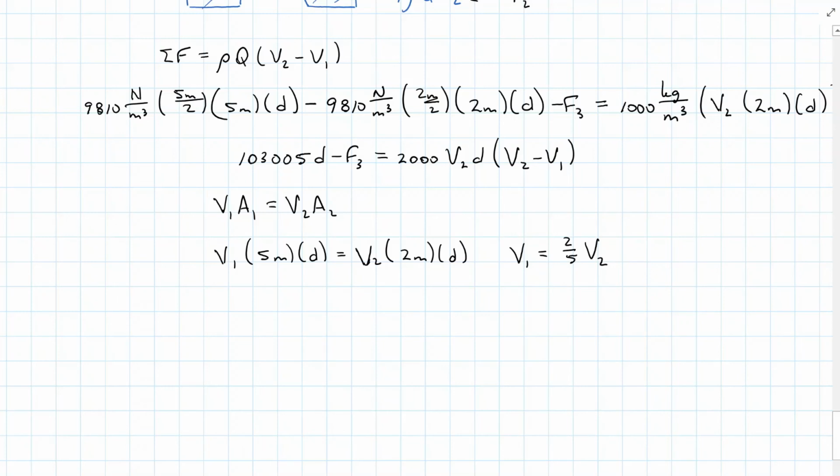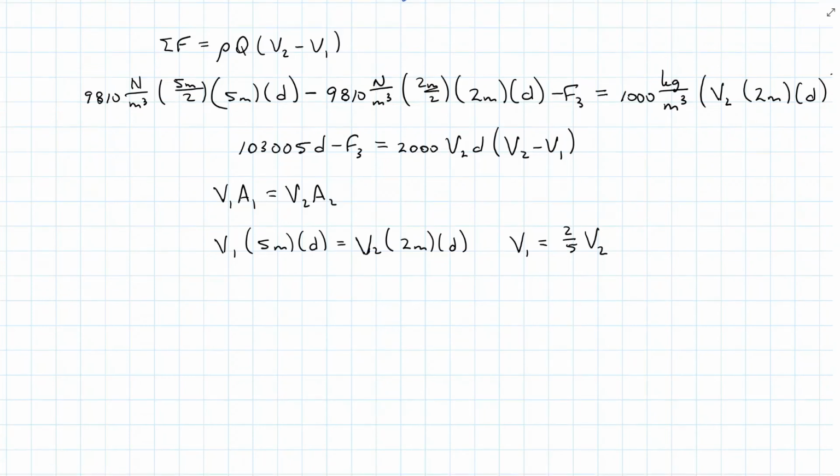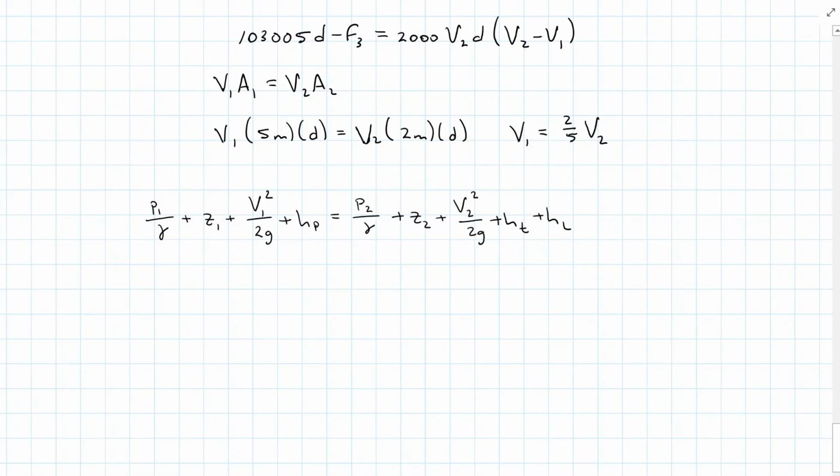So now we've got a relationship between those two, but I still don't know what the velocity is. So we can use the energy equation. Using my same points where 1 is before the spillway and 2 is after the spillway, our pressures are going to go to 0 because they're both open to the atmosphere. I do not have a pump, I do not have a turbine, and I don't have any head loss.